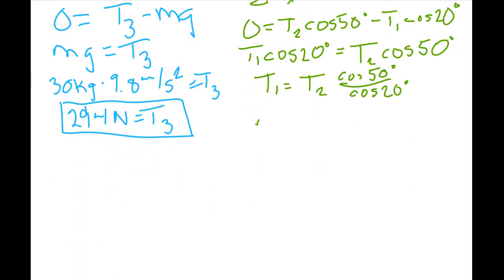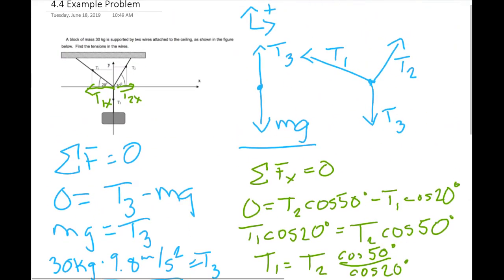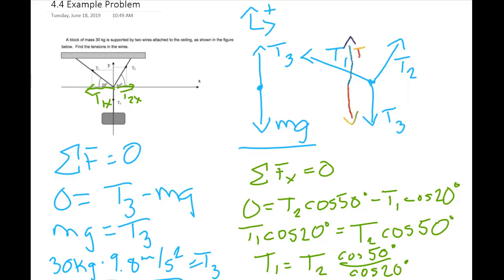And now let's look at the forces in the y direction. In just the y direction, they're equal to 0. Let's go back up and look at my free body diagram. This time I have T3 down, I have T1 in the y direction up, and also T2 in the y direction pointing up.